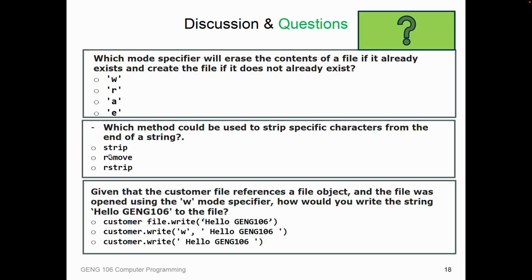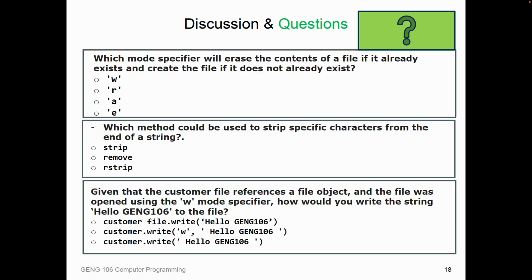The question says which could be used to strip specific characters. So we have strip, remove, and rstrip. Probably remove is not the right option, so it is either strip or rstrip. Then it says to strip the characters from the end of the line, so not any part of it, but the end of it. What is the end of a string? It's the right side of it.